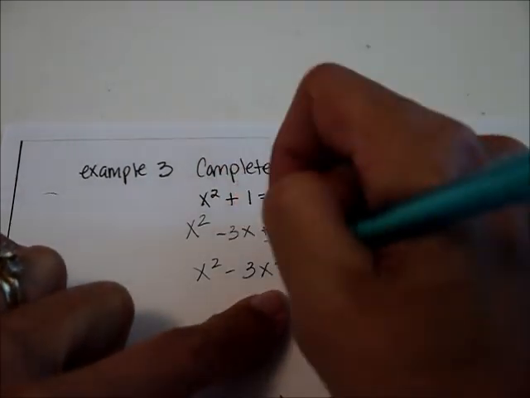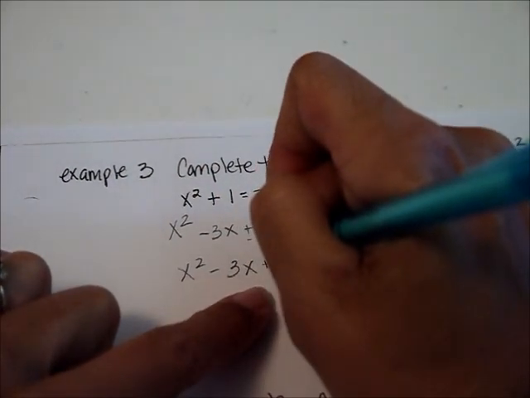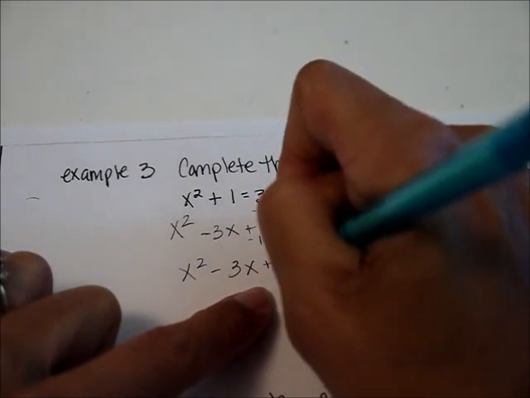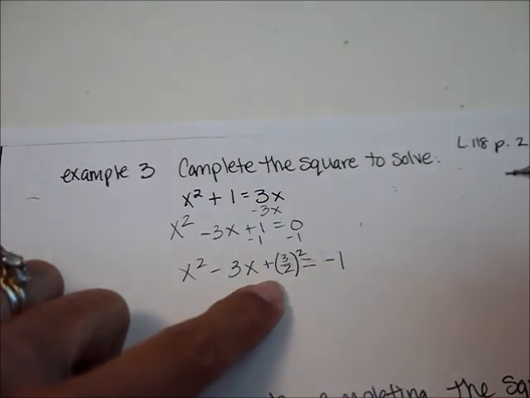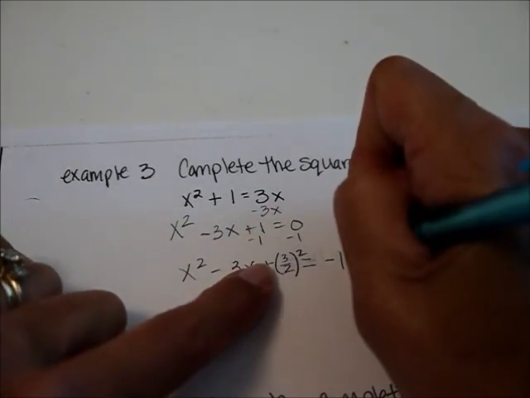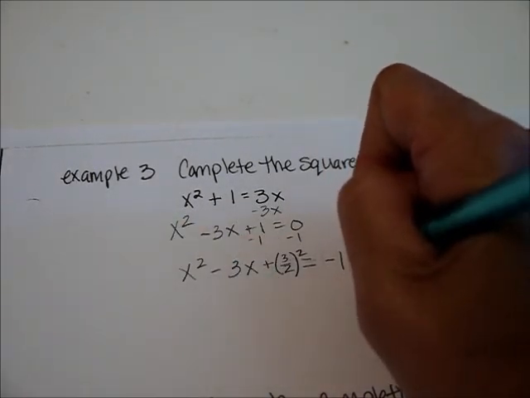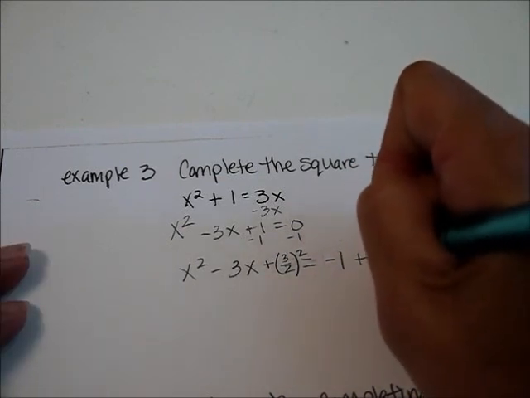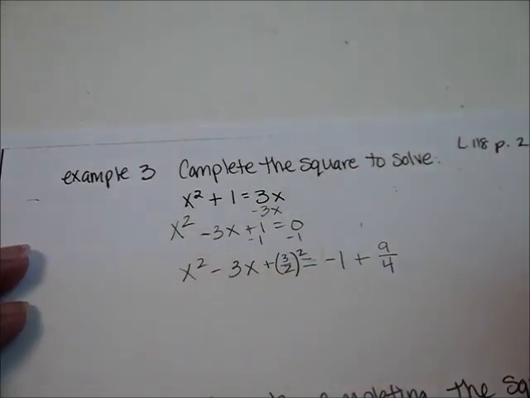1/2 squared. So 1/2 squared, so that's 3/2 squared. Add it here. And actually 3/2 squared is 9/4.